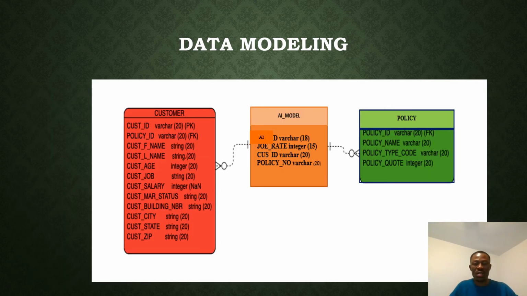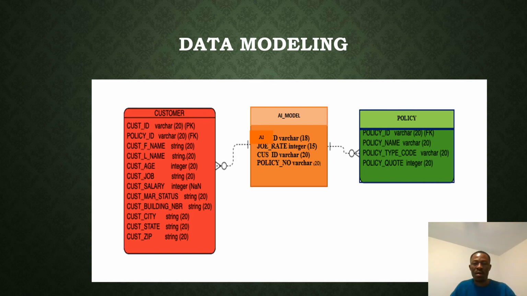We have a data model here where we have the customer information, we have the artificial intelligence model information, and we have the policy information. So basically, this gives you the primary keys and then the foreign key. So you see that each of them has a primary key.